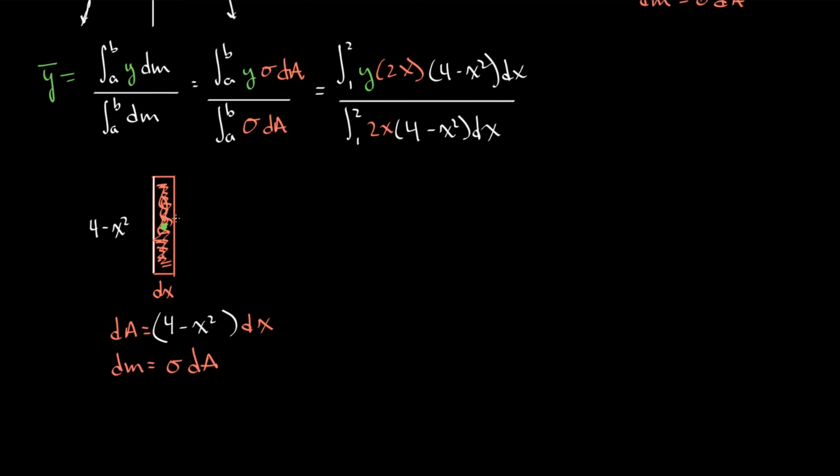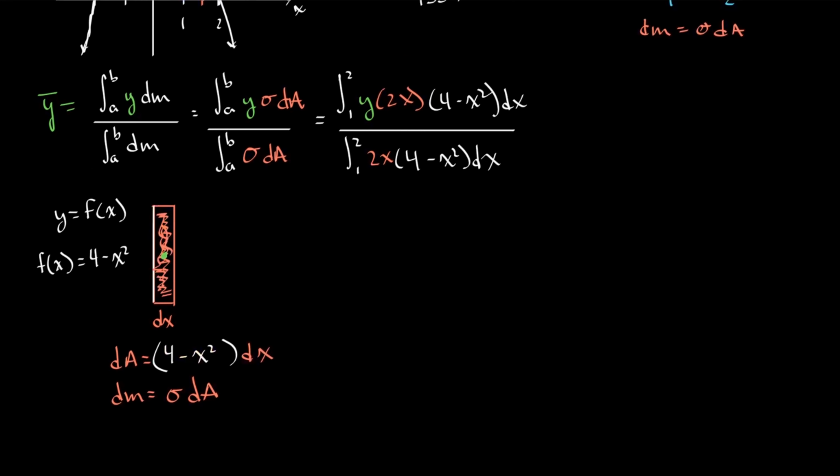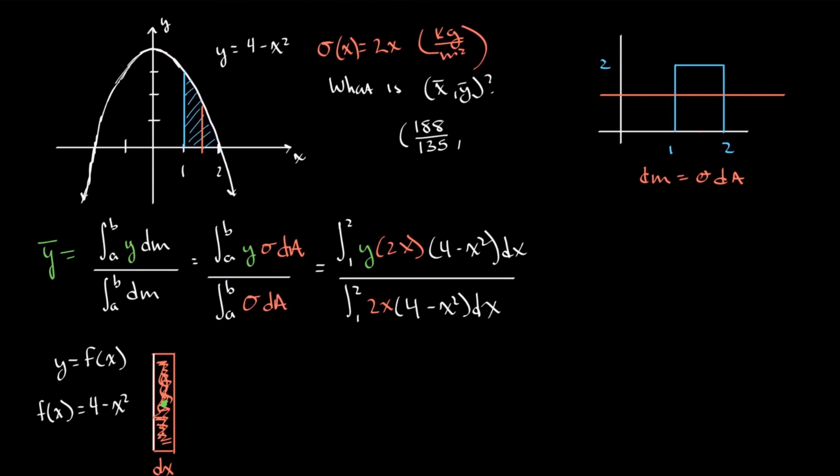And what is this in terms of our notation here? That is going to be f of x. So if we call our curve y is equal to f of x, then f of x is equal to 4 minus x squared. And this y position here is going to be exactly half of that, because when we look at our curve, the bottom part of our region here is y is equal to 0.